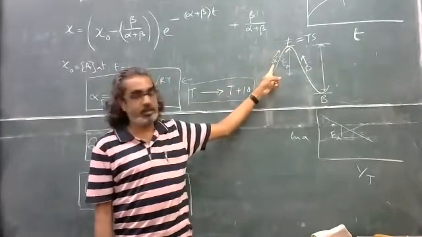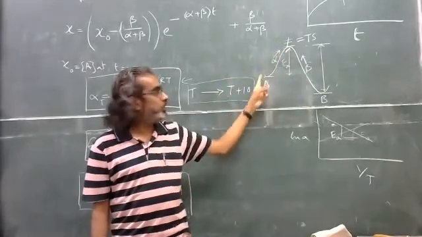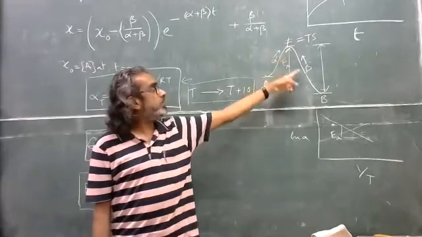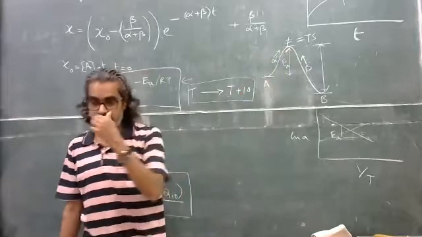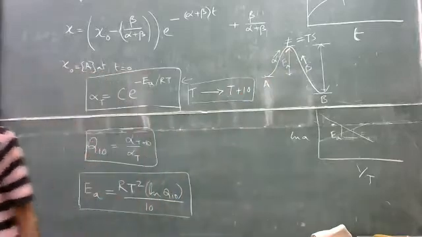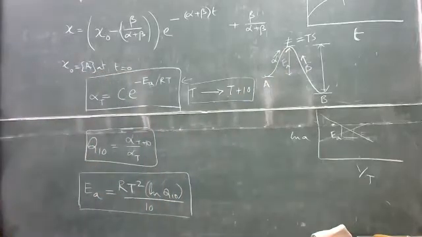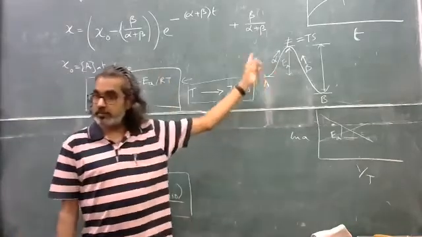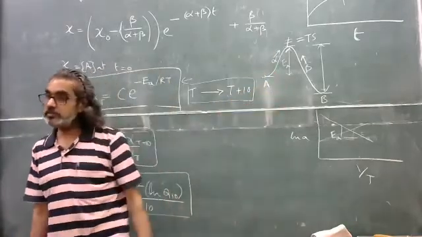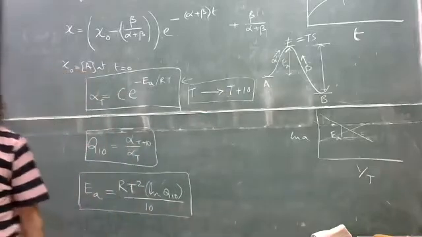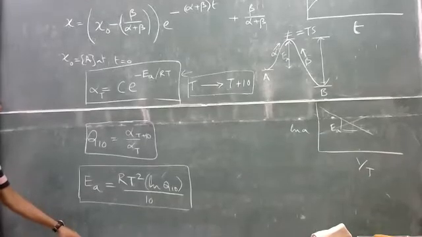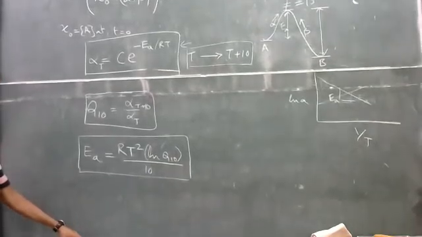What changes is the rate. If you increase the temperature, the rate increases, but not the activation energy. Activation energy is a molecular property, which is independent of temperature, but alpha, the rate of the reaction, increases if you increase the temperature. So EA is independent of temperature.